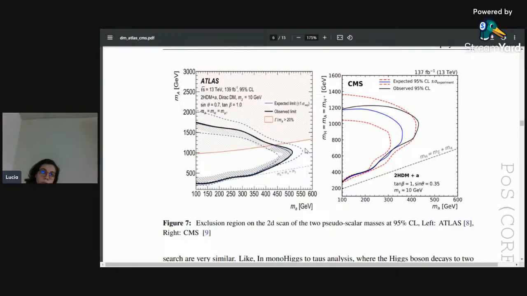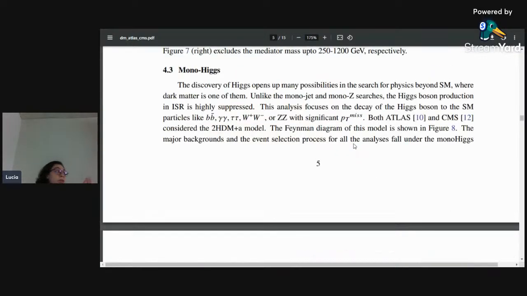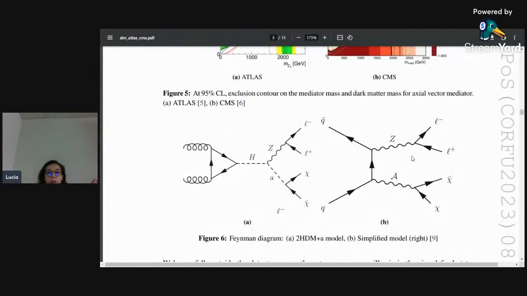So in the case of A, I think you are searching for the small wave, right? Because that would be the dark matter particle in the two Higgs doublet model plus A, because there is no dark matter candidate in the two Higgs doublet model. Yeah, but all of these models are being made to look for dark matter. So in this case, there is no dark matter in the model, but they are considering a missing energy signal.